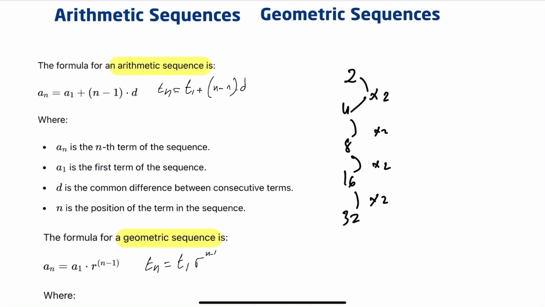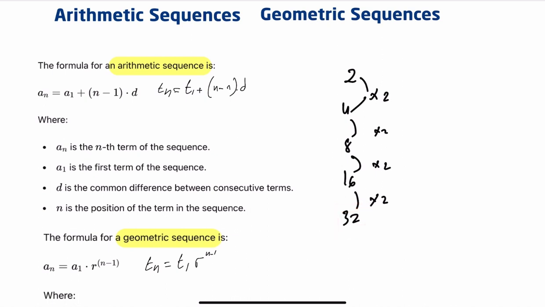Instead of adding, we are multiplying. So we start from the first term, we multiply it by 2, and we keep doing the same thing by multiplying by the same number over and over again. So when we do that, we are building a geometric sequence.